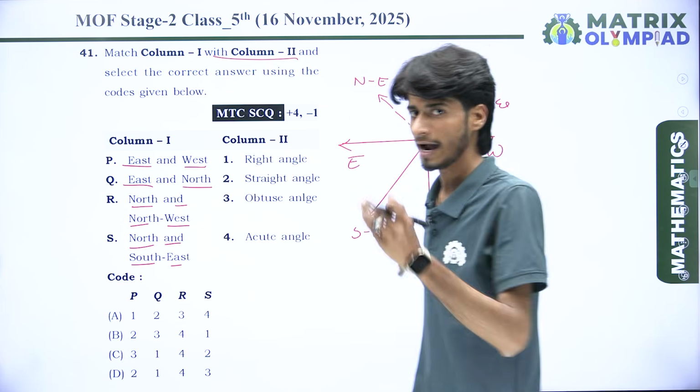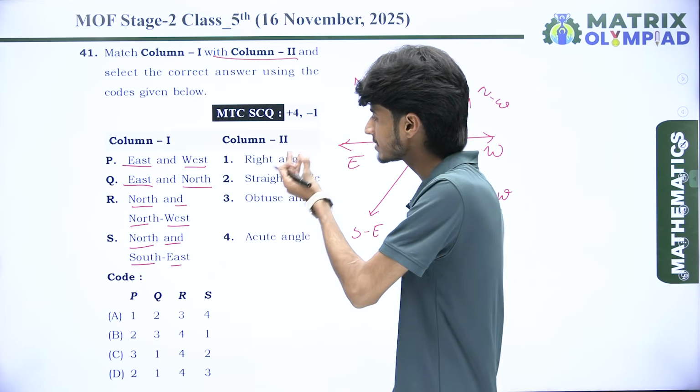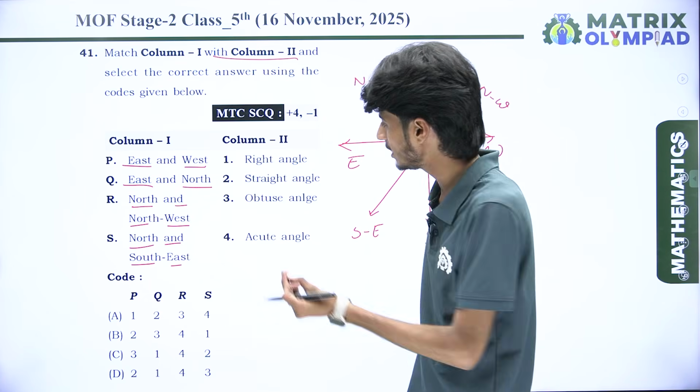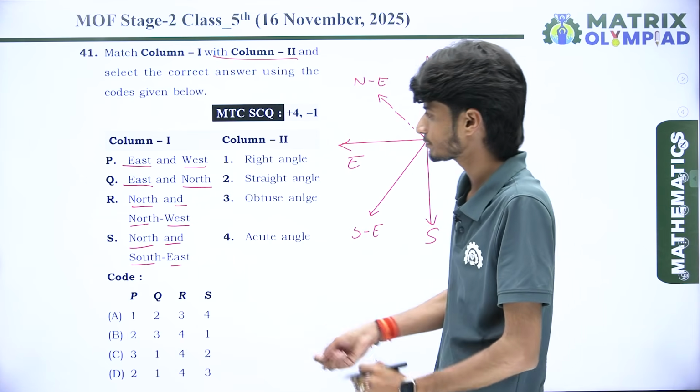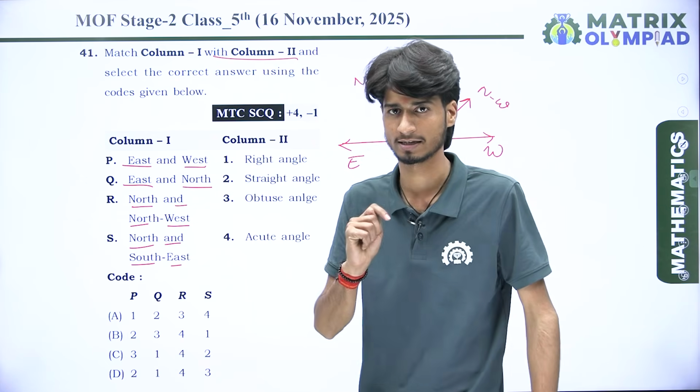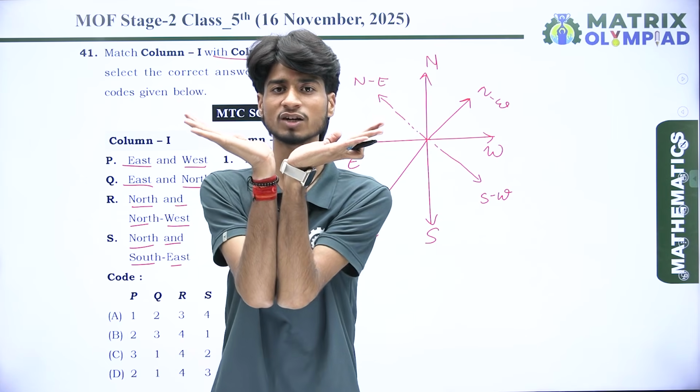Got it? And what is column second? Column second represents angles between the directions. So first of all, east and west, you know very well, are opposite to each other.